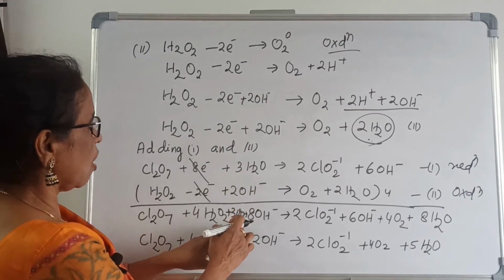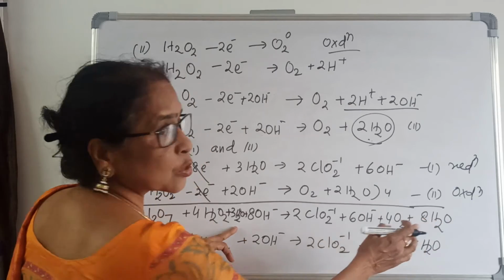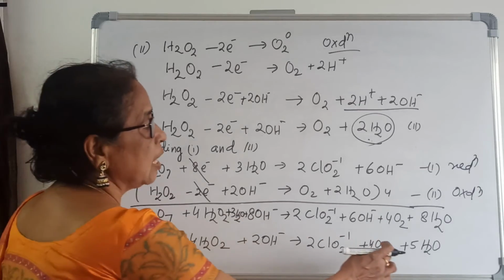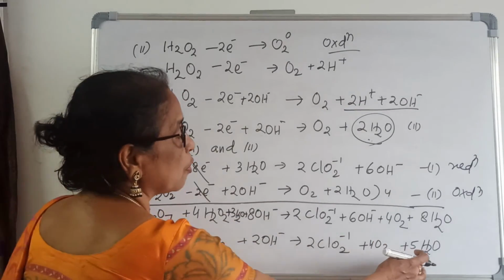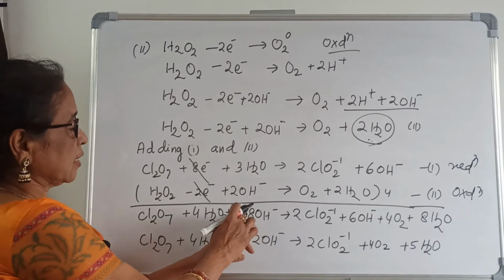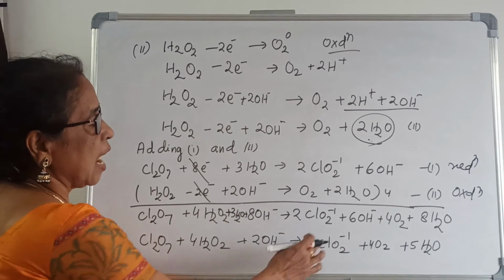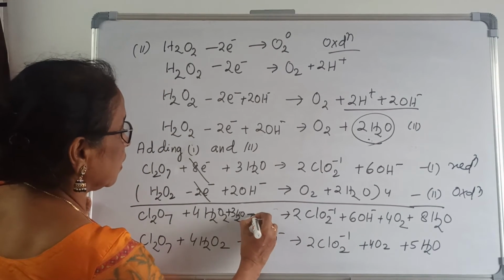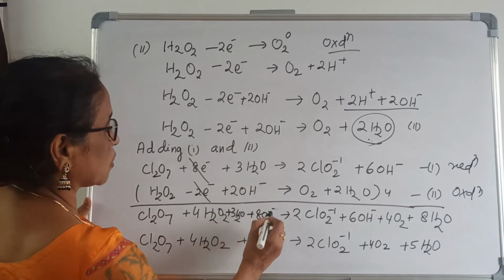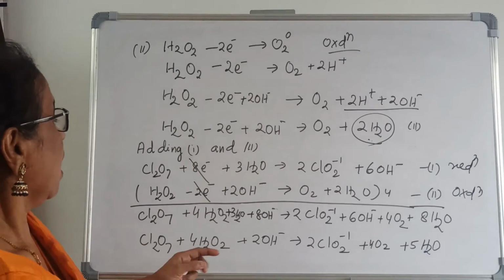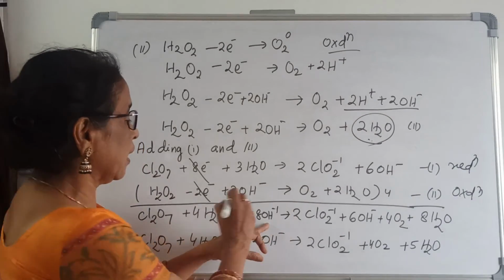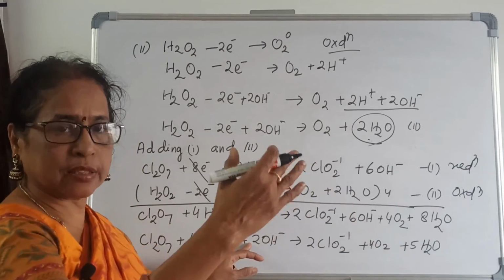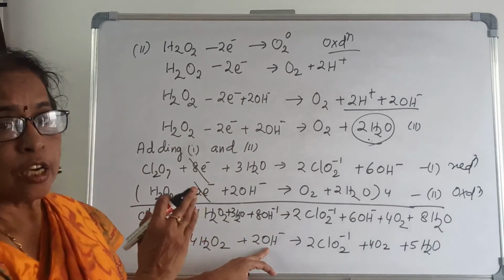See here 3H2O on the reactant side and 8H2O on the product side. That is why these 3 water molecules cancel and 5 water molecules remain on the product side. Similarly, on the reactant side there is 8OH minus, and on the product side 6OH minus. So 6OH minus cancel and 2OH minus remain on the reactant side.